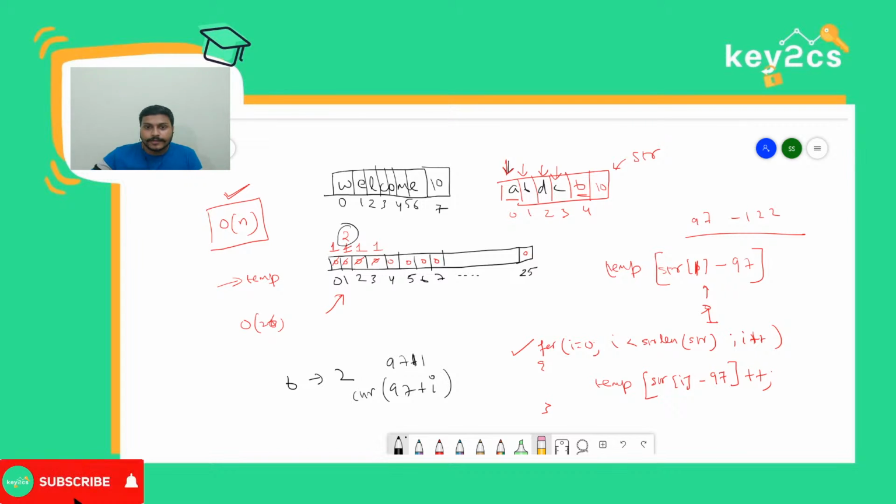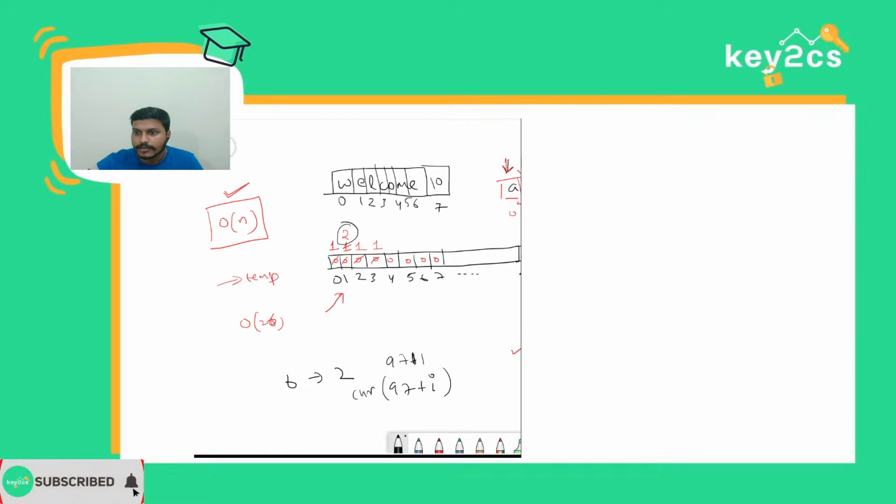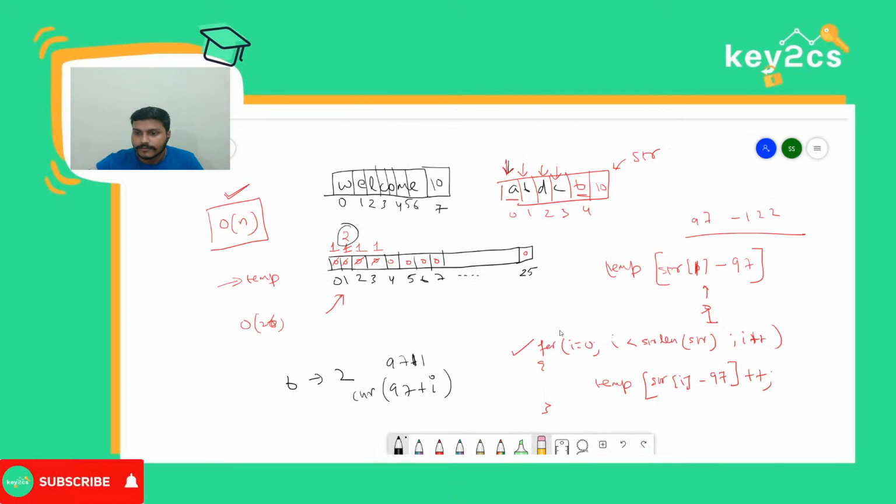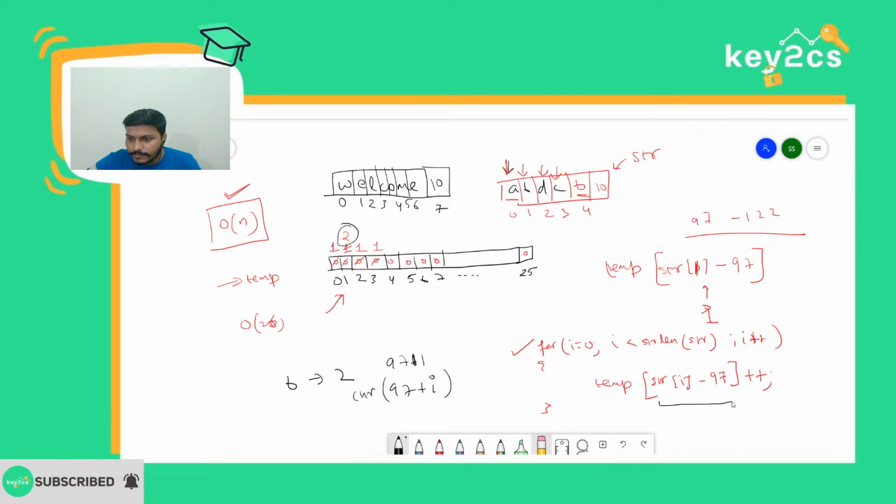See, given this welcome string, we would scan this string. How would we scan? Obviously in this way: for i equal to 0, i less than strlen of str, the string length, i plus plus. What we are doing here is str of i minus 97.